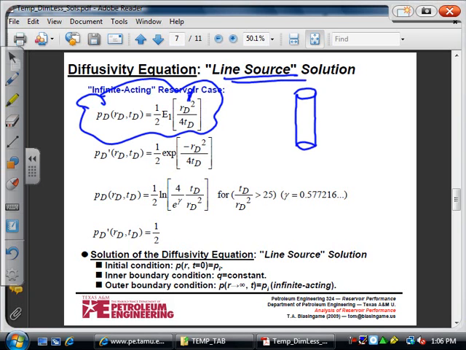Actually this is supposed to be your well, but here you assume a line, not a cylinder. If you assume a cylinder, you won't get this solution; it will be much more complicated. But if you assume a line source like this, then this will be your solution.